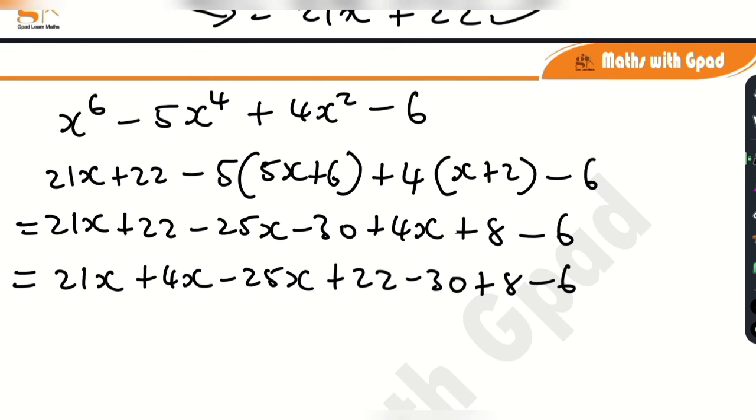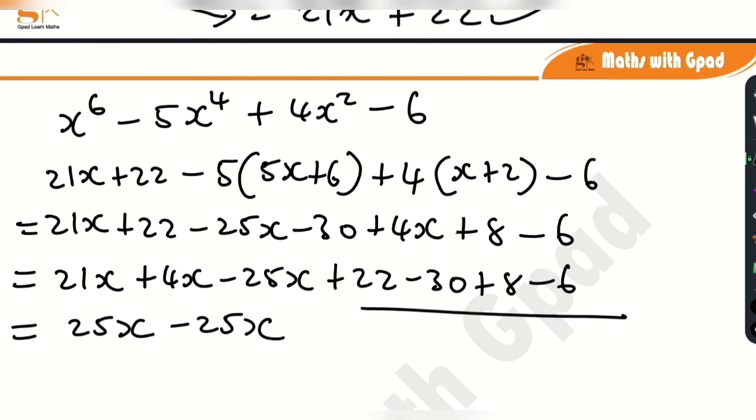It's good to count. 1, 2, 3, 4, 5, 6, 7. Beautiful. It's complete. So 21x plus 4x is 25x. Then you also have minus 25x. What about the constants? I'll say 22 plus 8 is 30.